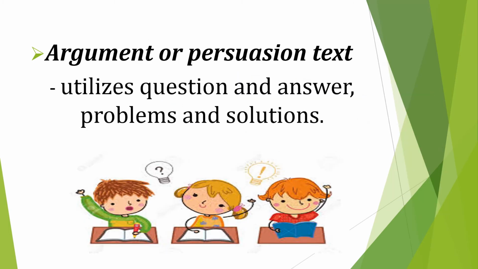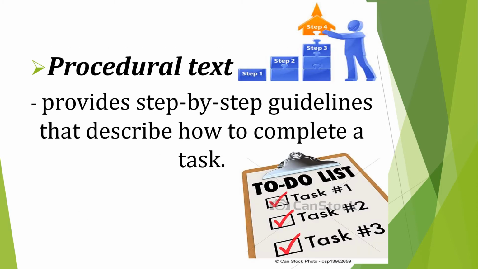Another one, the argument or persuasion text, utilizes question and answer, problems and solutions. Persuasive essays and argumentative essays are common examples of this. The last one, procedural text, provides step-by-step guidelines that describe how to complete a task.